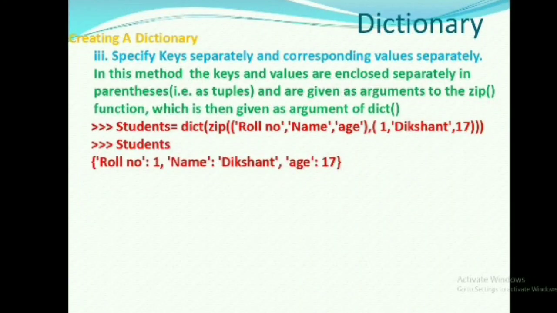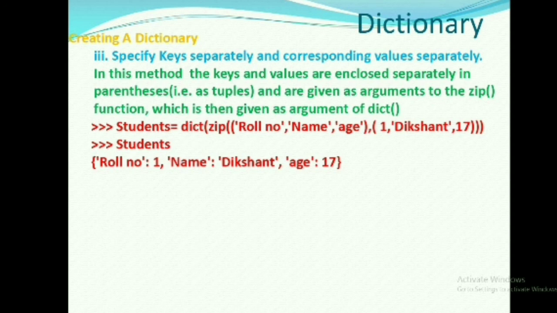We can also create a dictionary by giving the keys and their corresponding values separately. In this method, the keys and values are enclosed separately in parentheses, that is as tuples, and are given as arguments to the zip function, which is again given as argument to the dict function.